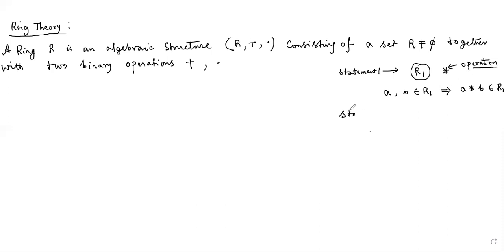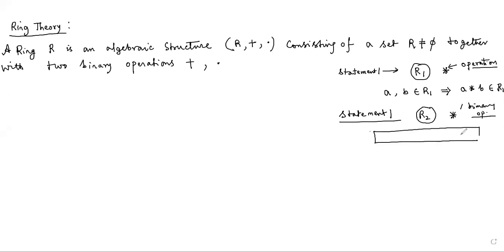But suppose there is another student. He is saying that he has a non-empty set R2 on which he is defining a binary operation star prime. If he declares like this, then we don't have to show anything about this property.